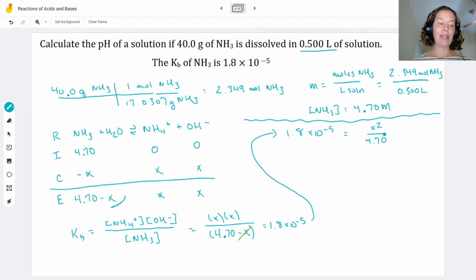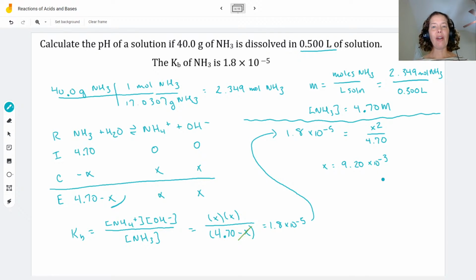Now this is easy to solve because I just need to move the 4.7 over and take the square root. Super easy. So x equals 9.20 times 10 to the negative third. Okay, that is our value for x.